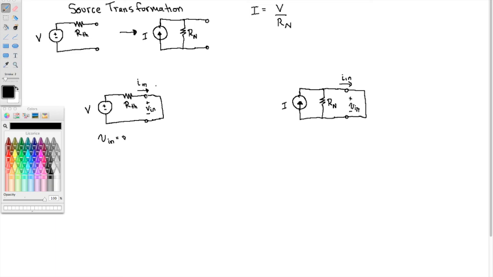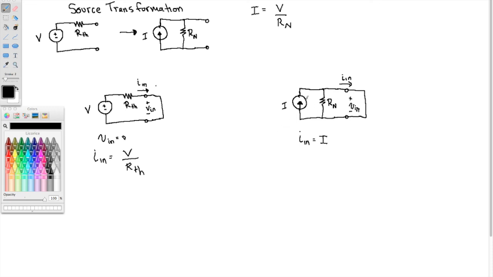But how much current do I have? In this picture, I have In equal to V over RTH, excuse me, RTH. And here, I have I.